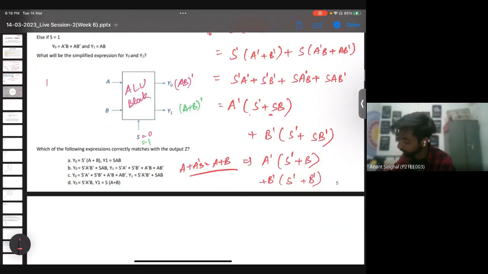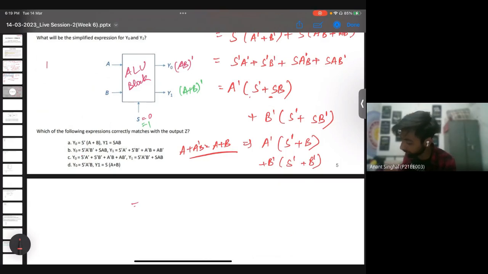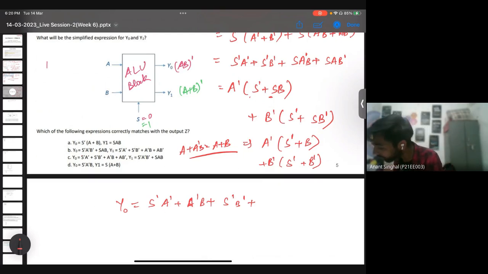So I'm again trying to open it. The final expression for y naught will be nothing but s bar a bar plus a bar b plus s bar b bar plus a b bar.